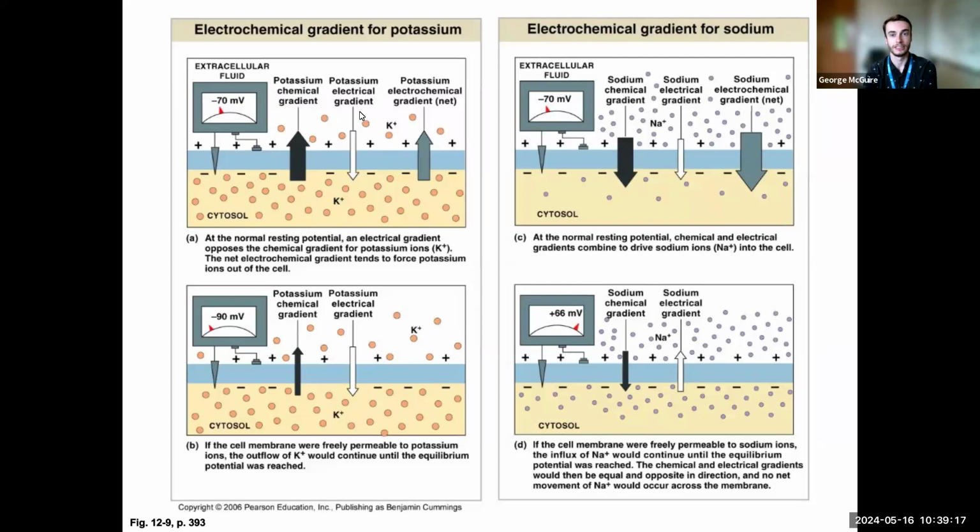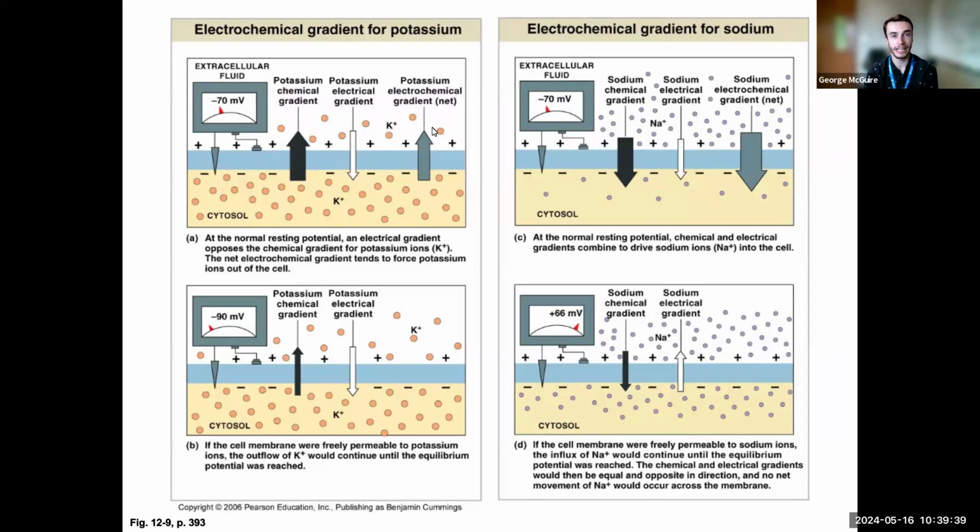However, the electrical charge outside of the cell is positive compared to the inside of the cell. So electrically, they're actually being drawn back into the cell. But that electrical gradient is going to have an overall weaker force compared to the chemical gradient because of how strong the differences in concentration are.